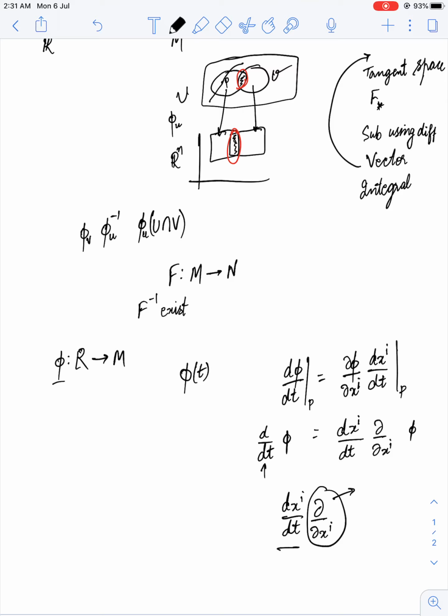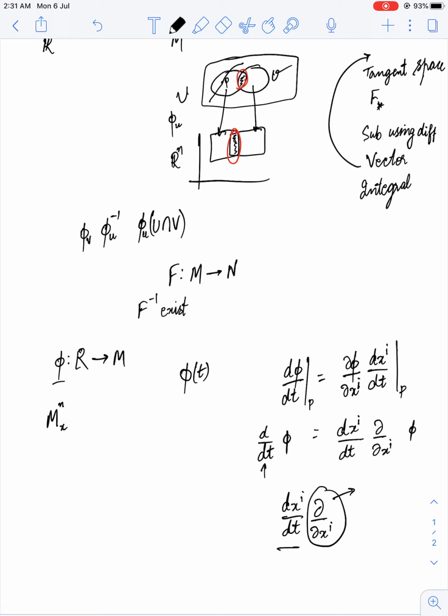If you want to add or subtract those vectors, you can't do it because they live in different vector spaces, which are called tangent spaces. The tangent space at a point is denoted in that book this way.